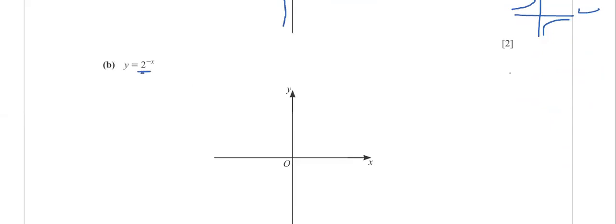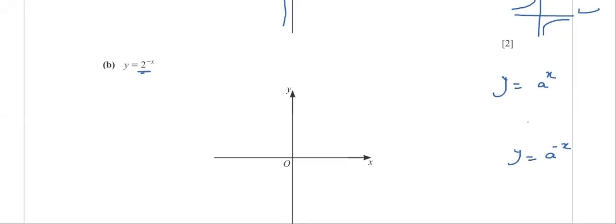Now, for this type, again, remember two things. It may be of this type, y is equal to constant to the positive power, or it may be y is equal to constant to the negative power. In that case, how will the graph look? What will the difference be in both of these?